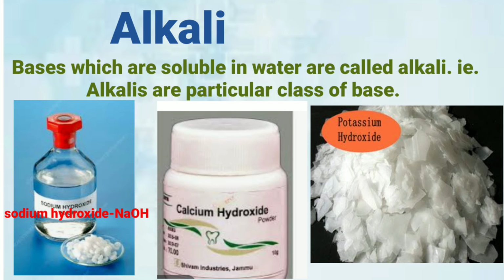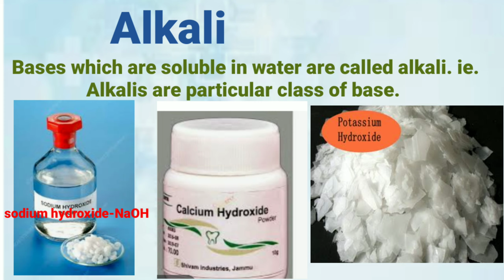So today we are going to talk about alkali. Alkali is a typical class of base, that is, alkali is also a base, but what type of base is it? Water soluble base. So water soluble base is called alkali. It means the metal oxide or metal hydroxide which is soluble in water is called alkali.